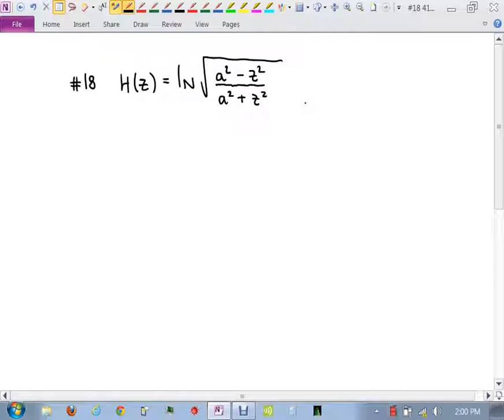A is a constant. What rule do you see happening here? Chain. What would the last thing happening be? ln would be the last thing. Okay, what would be the next thing? Square root, and then quotient rule, right? So I could do it that way.